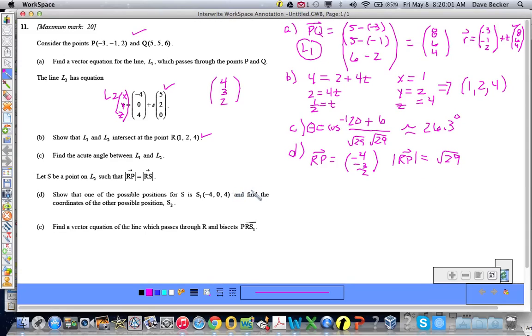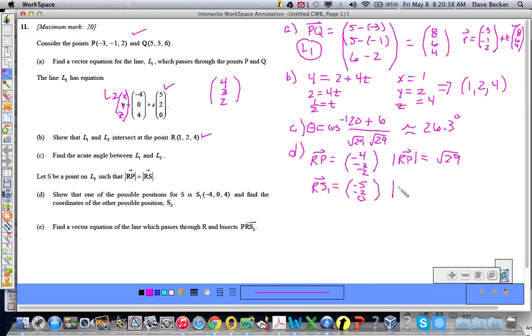And showing that S1 is (-4, 0, 4), I'm going to find the magnitude of RS1. So RS1 would be equal to: negative 4 minus 1 is negative 5, and then 0 minus 2 is negative 2, and then 4 minus 4 is 0, right?